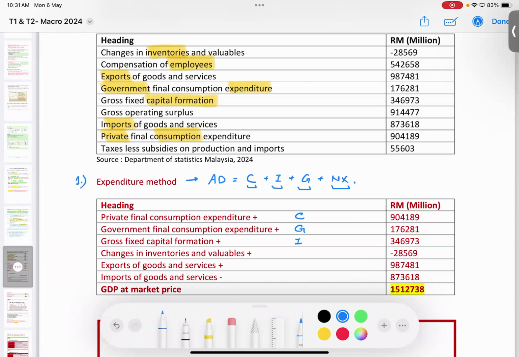Changes in inventories and valuables will be under this category as well. That means if there are changes in the value of inventories or valuables, it goes under the expenditure approach. Then you need net exports. How do you calculate net exports? You use exports minus imports. So you have exports here, and then you need to minus the imports.